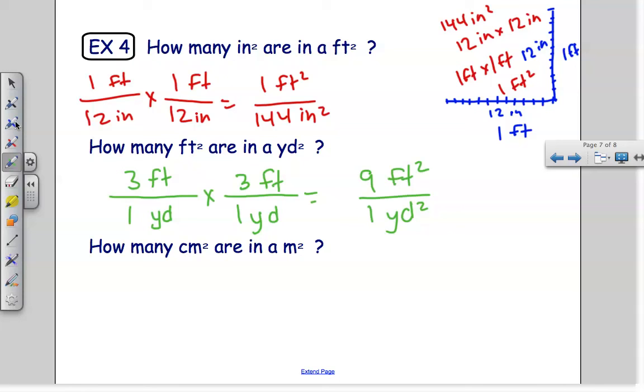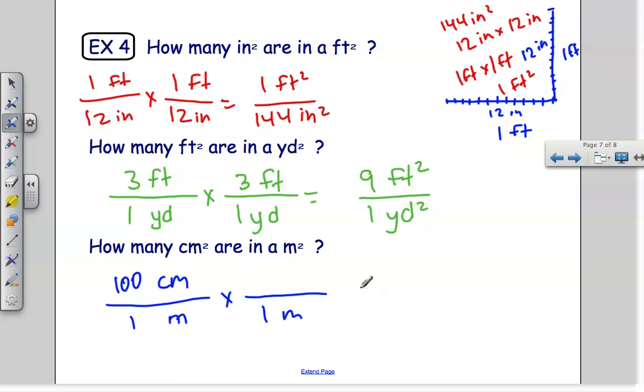Okay? And finally, what if I ask you how many square centimeters are in a square meter? Well, wait, how many centimeters are in 1 meter to begin with, just in a line? There are 100 centimeters in 1 meter, but this is not just a meter. This is 1 meter by 1 meter. This is 1 square meter.